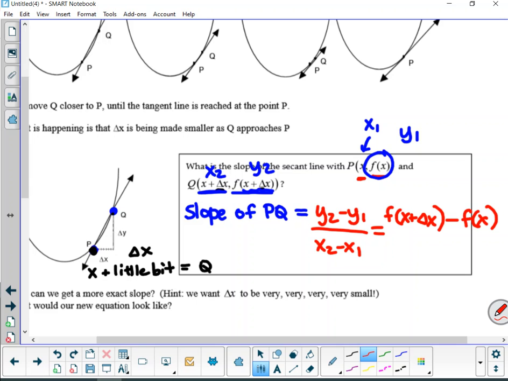Where did those come from? They're the y's of the points. The P point's y was f of x, and the Q point's y was f of x plus delta x. So this is y2, and this is y1.